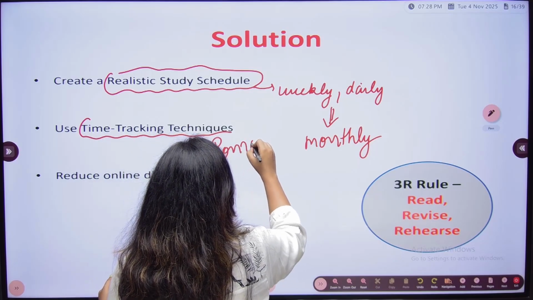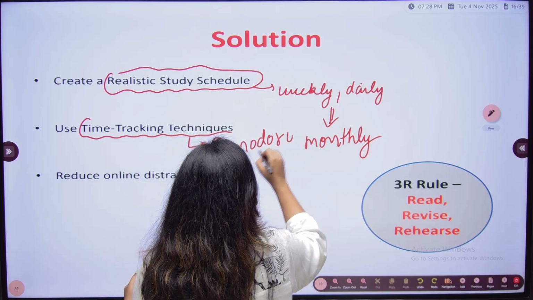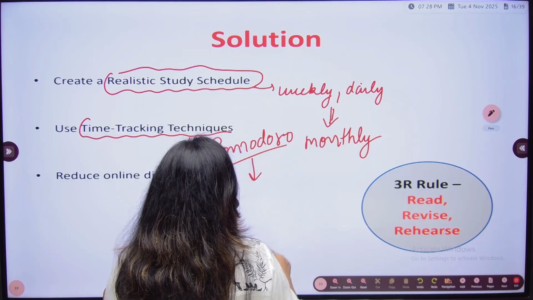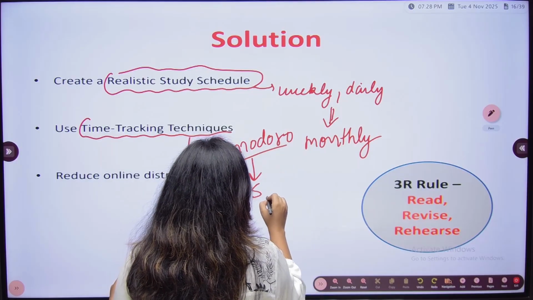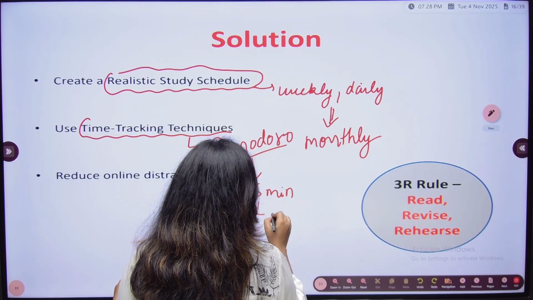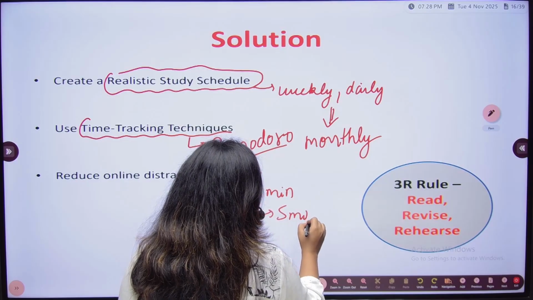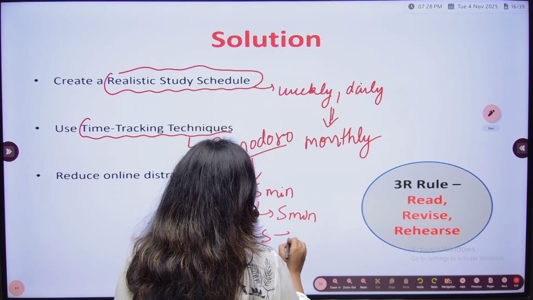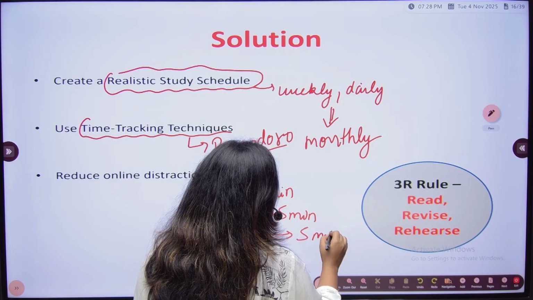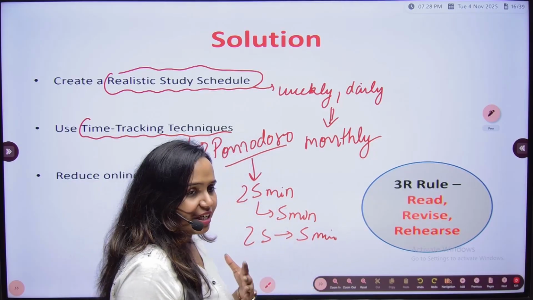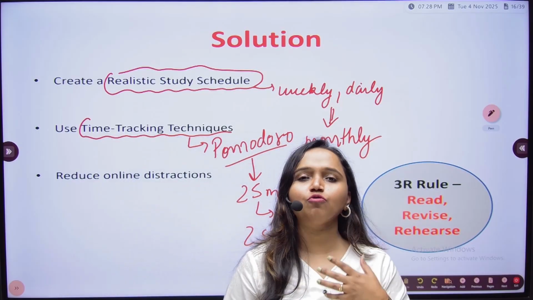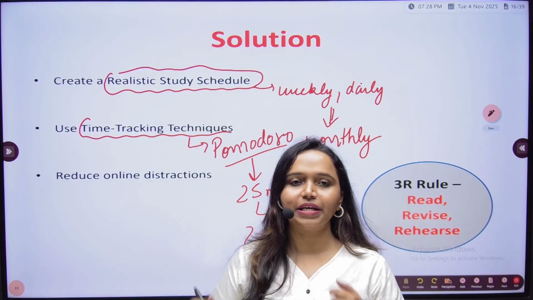It is a very good technique where you study for a stretch of 25 minutes, and then you give yourself a 5 minute break, and then you study for 25 minutes, and then you give a 5 minute break. This helps you to retain your focus and helps you to focus for very long study hours.